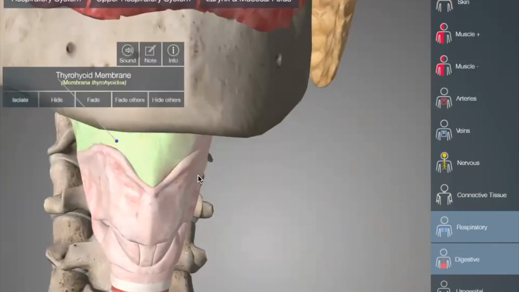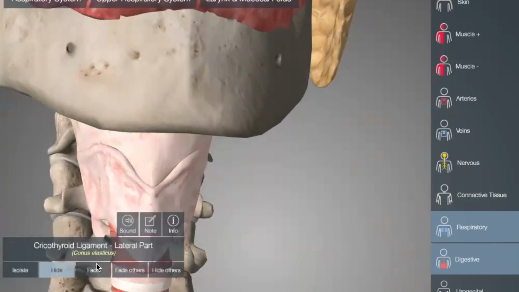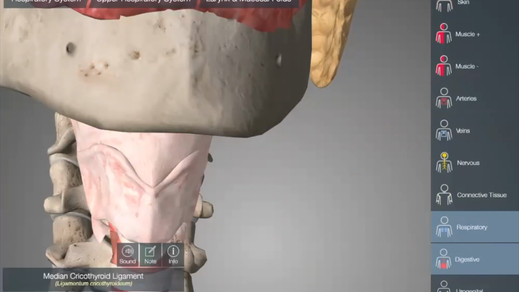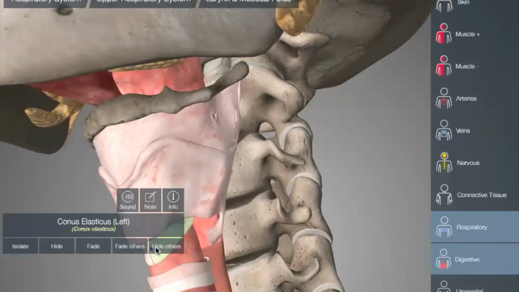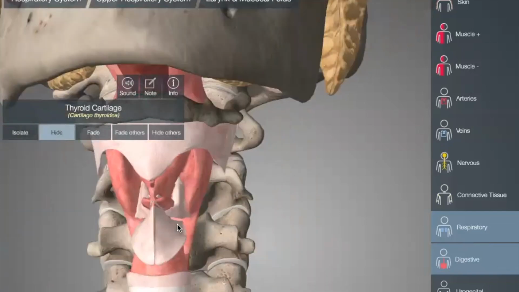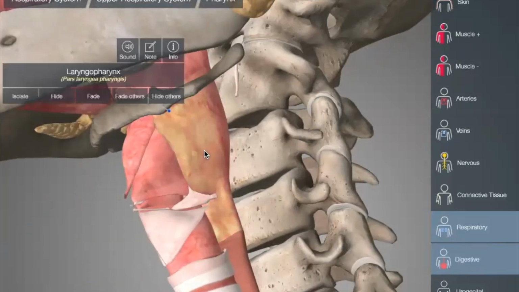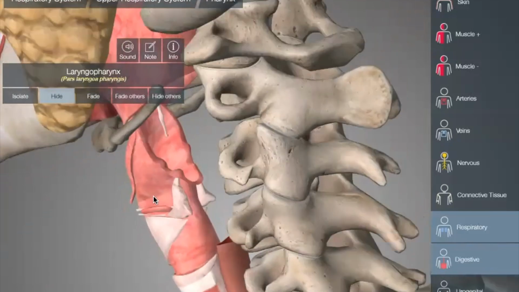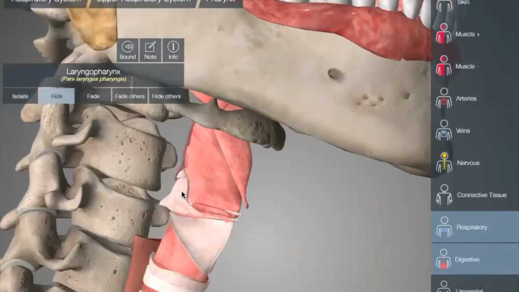Now, if there are external structures, we also have internal structures. I'm going to hide all of those. And this here is the laryngopharynx. This is not the larynx. I'm going to hide it. So that's the naked larynx. Of course, there's still cartilage inside.